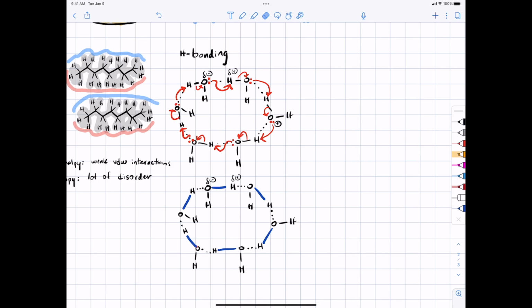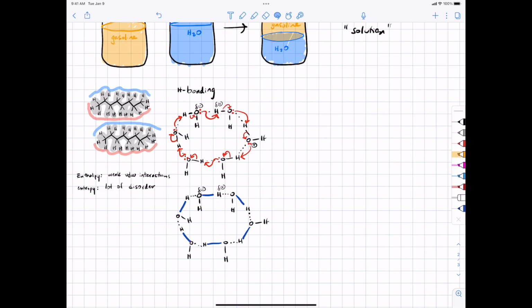But sometimes people think of H3O plus as not H3O plus, but rather as H9O4 plus. Yikes, right? But that just reflects the fact that water is a really transient network of hydrogen bonds.